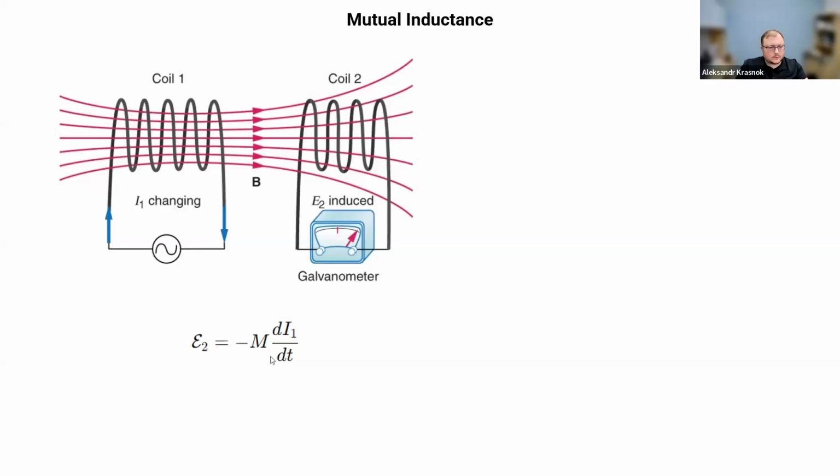You can write the same equation for the opposite connection, and you will see immediately that the mutual inductance is a symmetric thing. I mean, it doesn't depend on which one is coil 1 or coil 2. This is a symmetric thing.